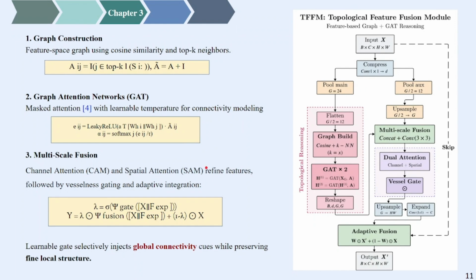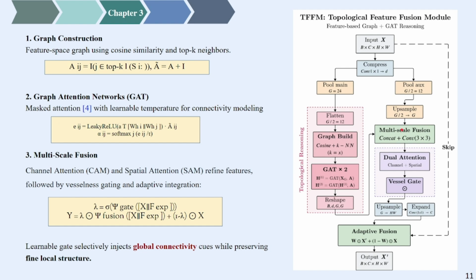So, what is actually happening inside the TFFM? Inside TFFM, we convert feature maps into a graph using cosine similarity to find similar neighbors. Then we apply graph attention to capture global vessel relationships and reconnect the broken segments.